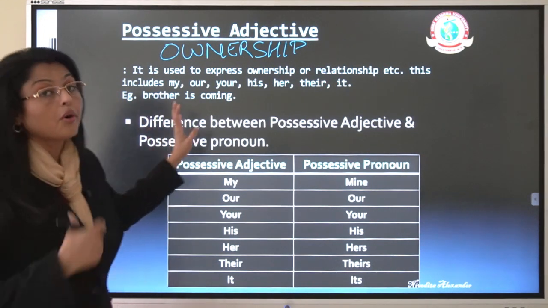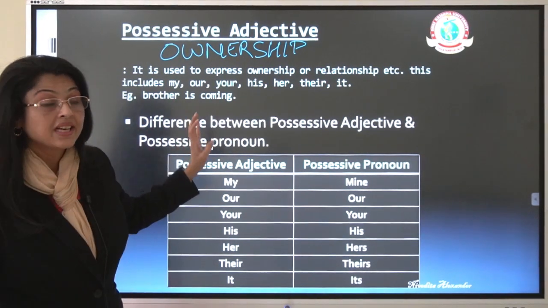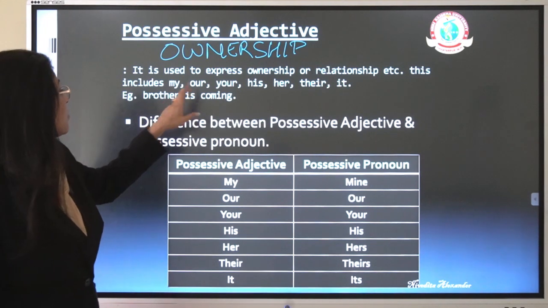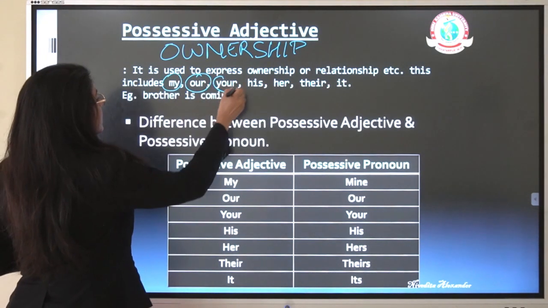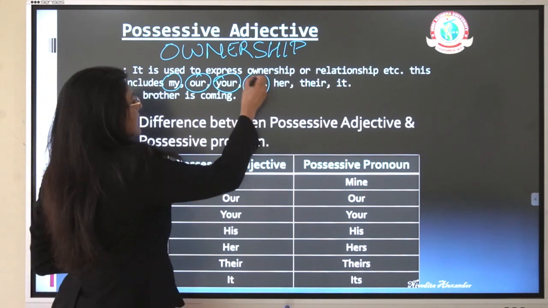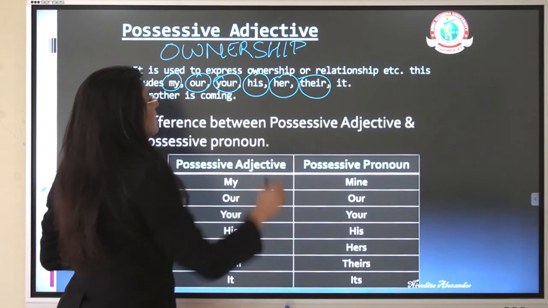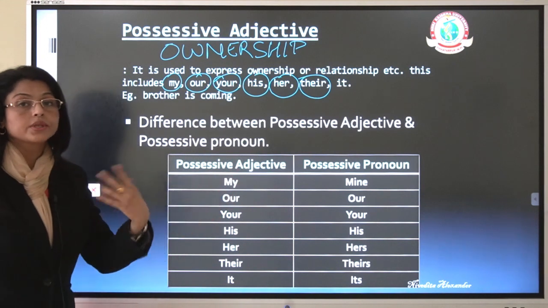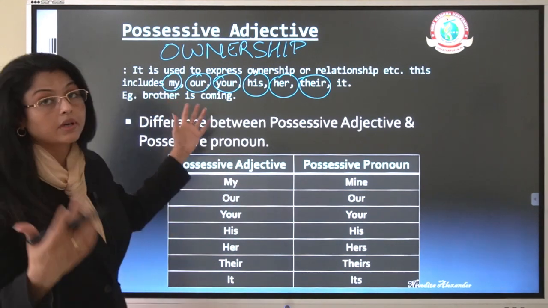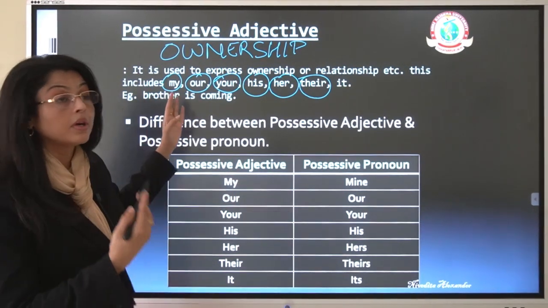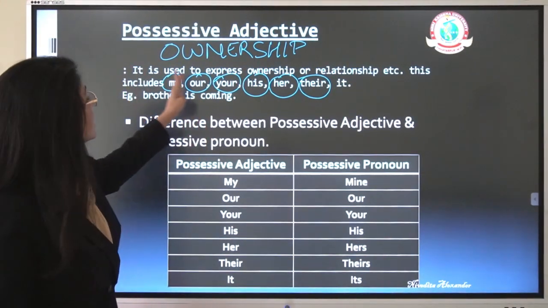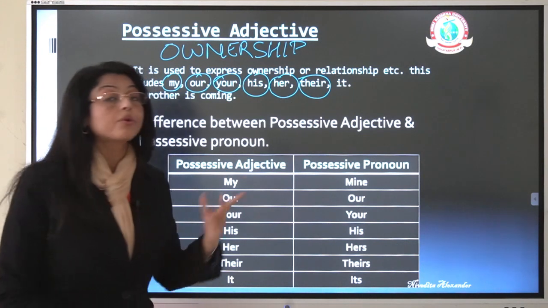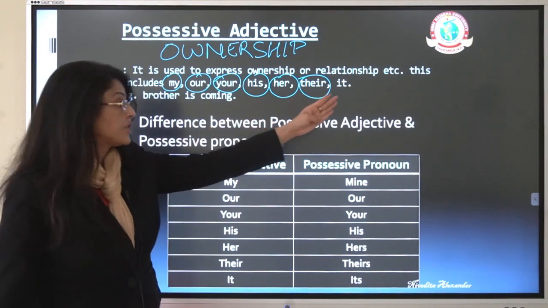You know, yours, mine, his. So these kinds of words like my, our, your, his, her, their, all show whose thing is that, as a noun, or to whom any particular thing or item belongs. It is used to express ownership or relationship, etc.